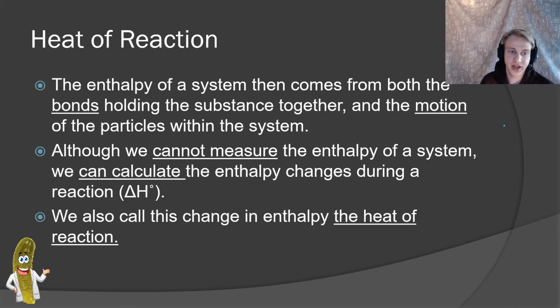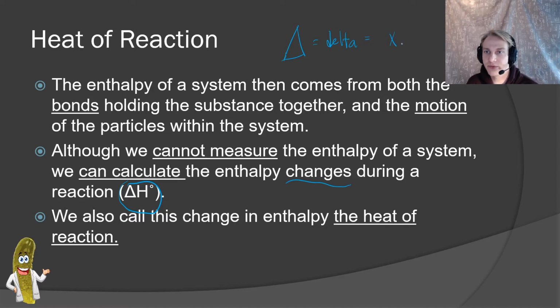We cannot measure that. However, we can calculate enthalpy changes during a reaction, and we call that delta H. And one of the things I want to clarify about this delta symbol is whenever you see this delta symbol in a reaction, what you're doing is you're taking something final and you're subtracting something initial.